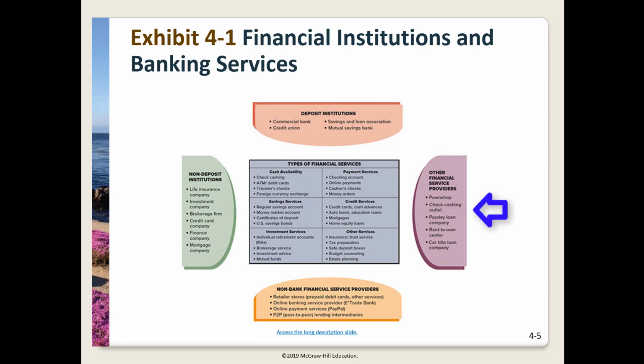Other financial services providers include pawn shops, check cashing outlets, payday loans, and rent-to-own centers. Finally, non-bank financial service providers include retail stores, online banking, and payment services such as PayPal, and peer-to-peer lending. We'll look at each of these types of institutions in more depth on the following slides.